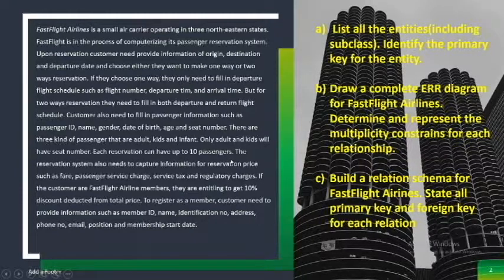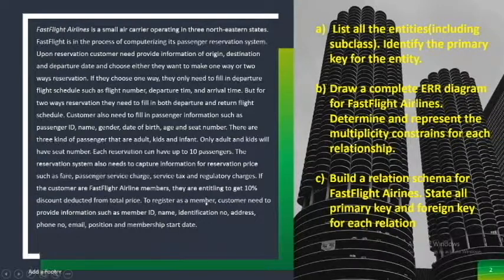The reservation system also needs to capture information for reservation price, such as fare, passenger service charge, service tax, and regulatory charge. If the customer is a FastFlight Airline member, they are entitled to get 10% discount deducted from the total price.